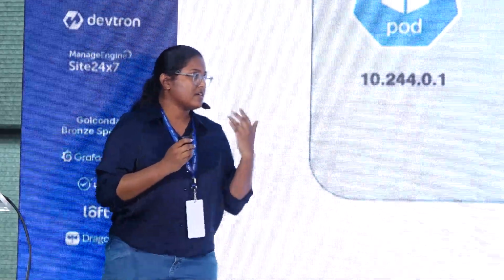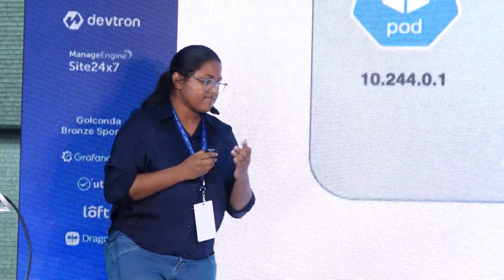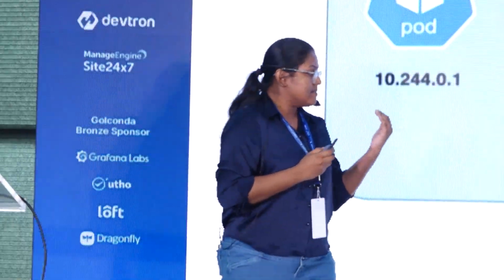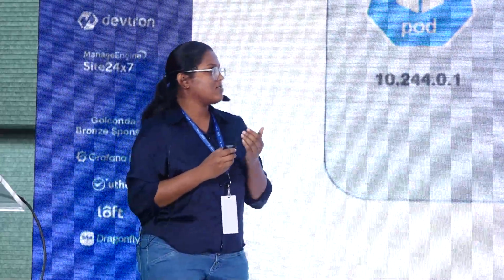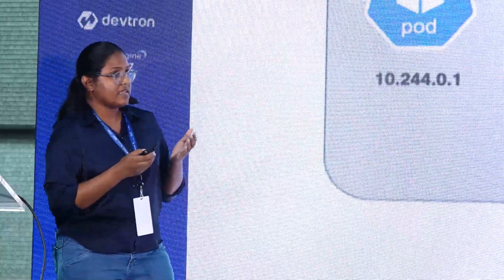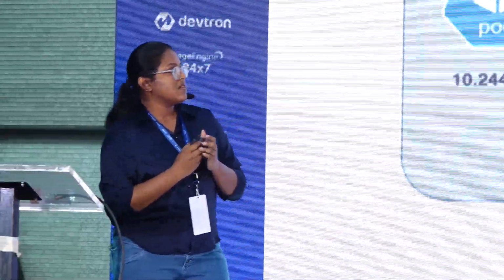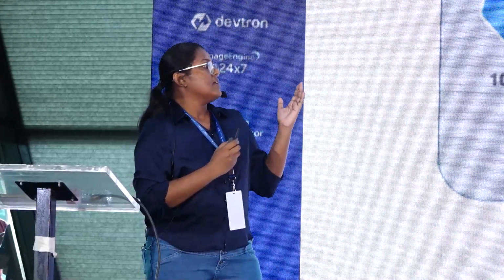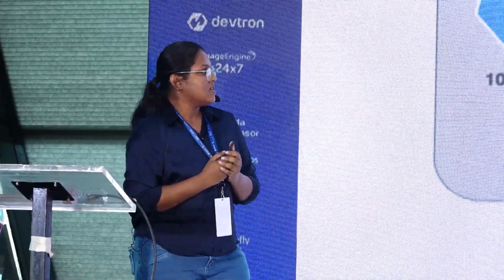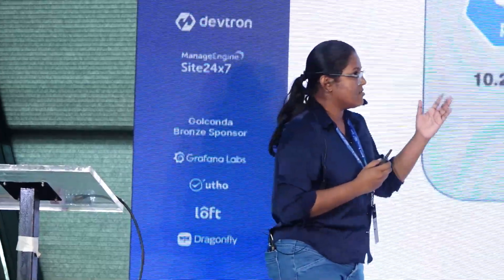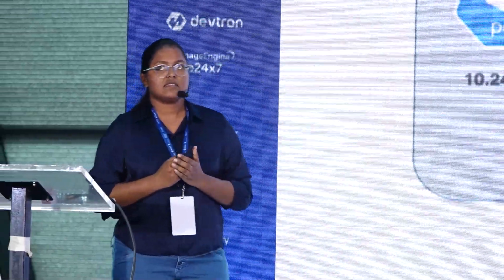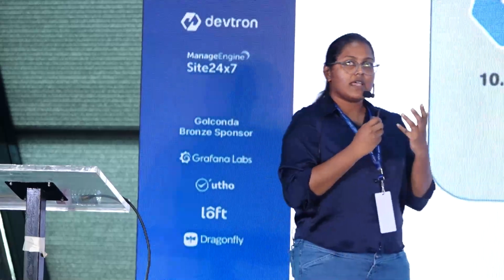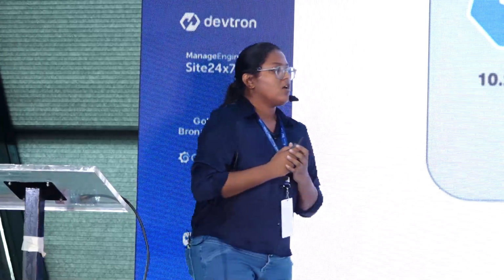And if you see the left side, that node is assigned a CIDR block of 10.244.0.0/24. So inside that node, the pods have got IP addresses in that network range, like 10.244.0.1, 0.2, and 0.3. The underlying infrastructure provider is responsible for allocating these CIDR blocks for these nodes. Just the cloud provider is actually responsible.